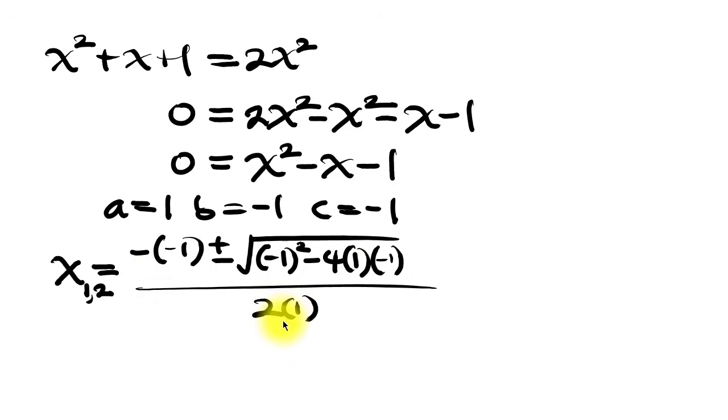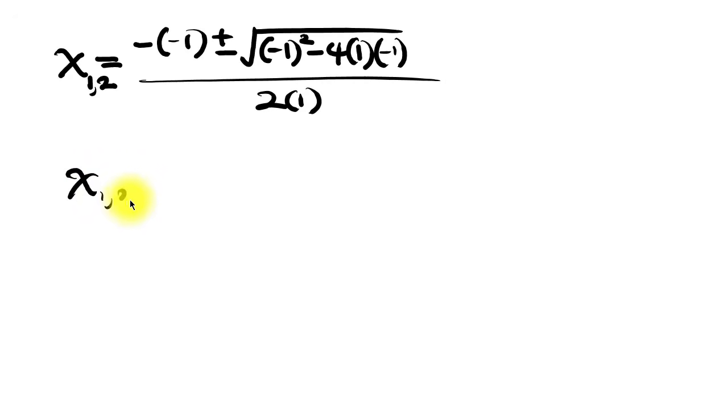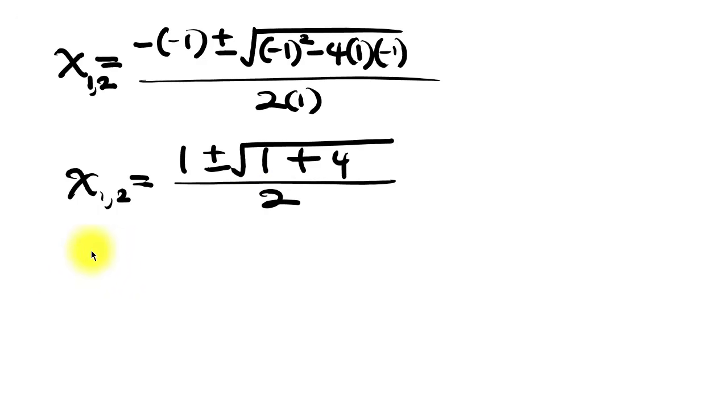Now this simplifies into x equal to, negative times negative makes positive, 1 plus or minus the square root of negative 1 squared, which is 1, and negative times negative is positive, 4 times 1 is 4, all over 2. So this becomes 1 plus or minus the square root of 1 plus 4, that is 5, all over 2.